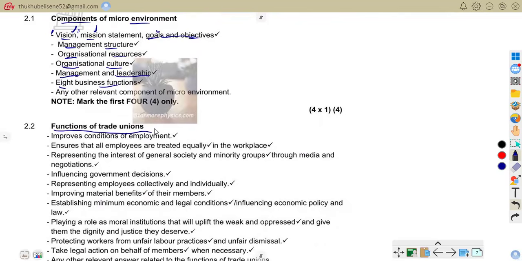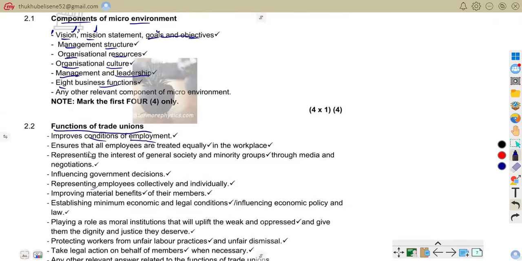So the first function of trade unions says improves conditions of employment. Improves conditions of employment. For example, those include marketing, finance, production, human resource, purchasing, administration, as well as public relations.